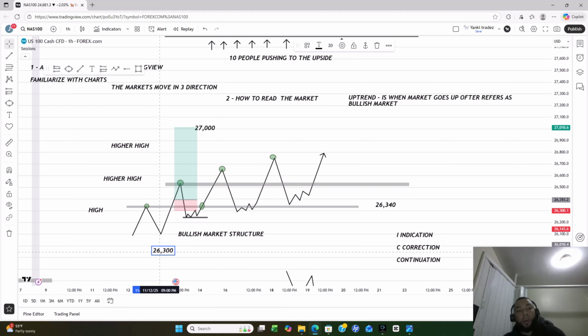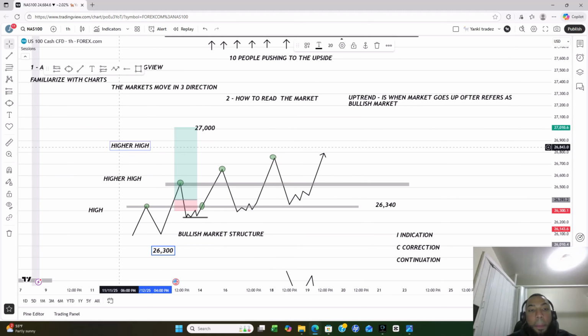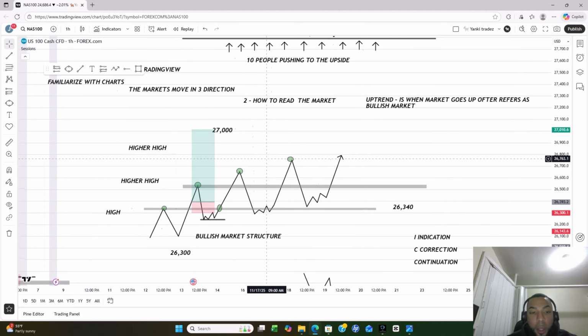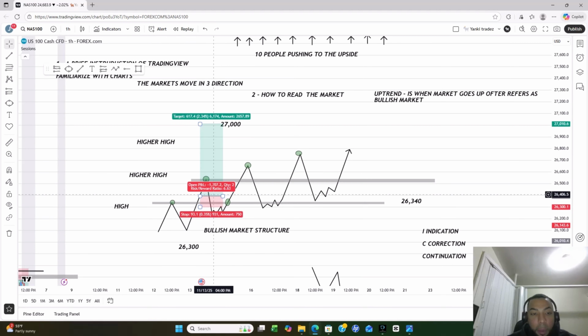Can you tell me who's getting stopped out? All the traders who don't know where the market is going get stopped out, because they think that the market is going to a random price. You know what I'm saying? They're just gambling, and this is not gambling, this is trading.